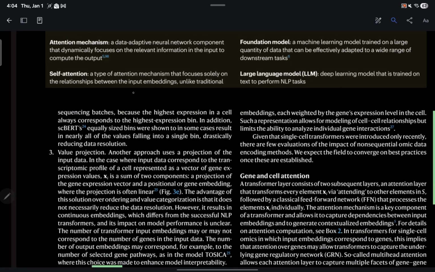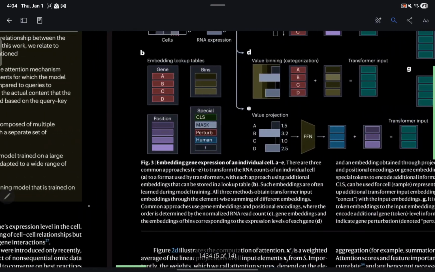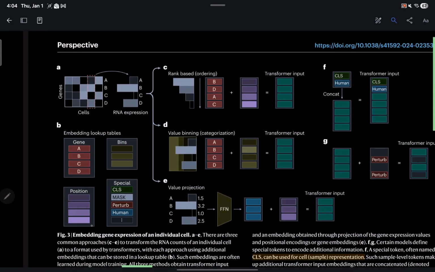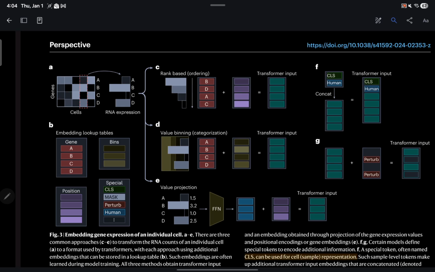So then they talked about basic things, and then one important question is how should we put this information in our transformer architecture. There are 3 main categories.